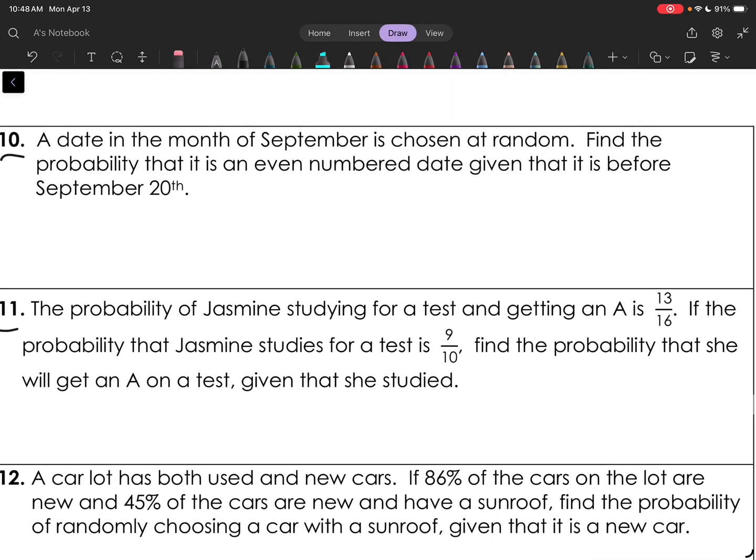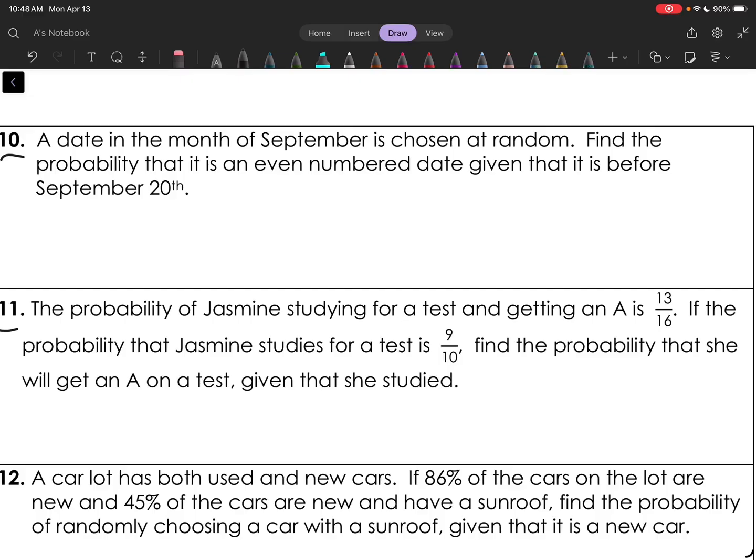A date in the month of September is chosen at random. Find the probability that it is an even number date given it is before September 20th. All right, there are 30 days in September.